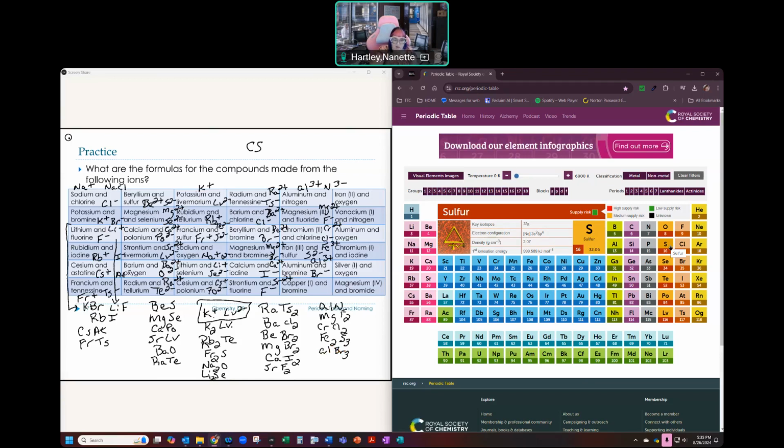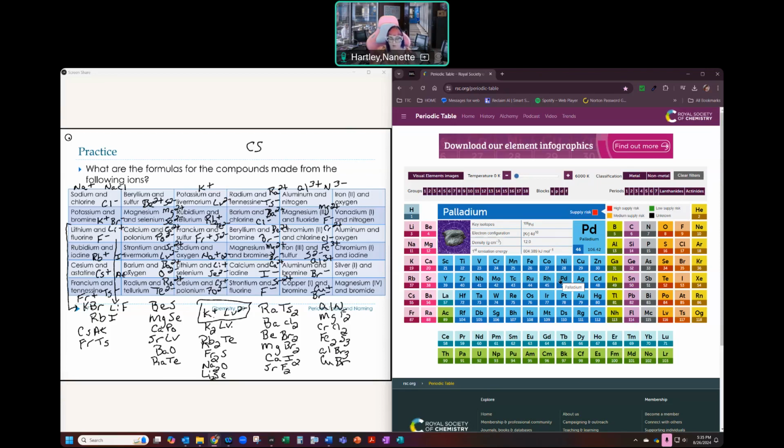Okay. Now I have copper 1 and bromine. So I'm going to find out what the symbol for copper is. Well, copper's right here. So he's Cu. I know that his charge is 1 because that's what that says. And then my Br is minus. So that's CuBr.